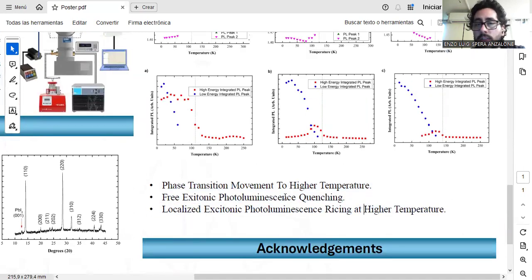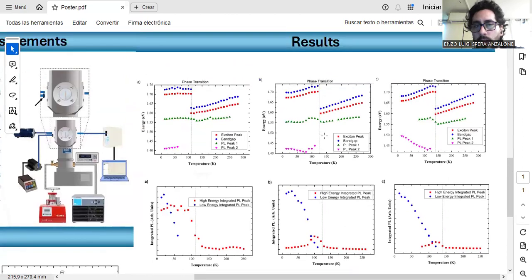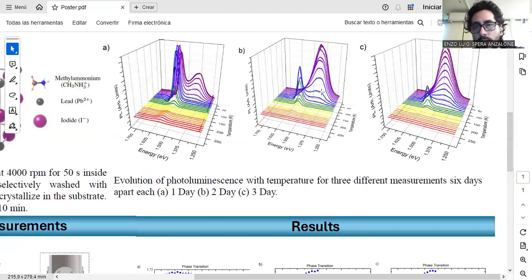The initial degradation process due to the intense blue light generates vacancies in the material that change the position and temperature of the phase transition and also quench the free excitonic recombination that gives place to photoluminescence, and start a second mechanism that is localized excitonic recombination that leads to a photoluminescence with a lower energy that is shown up here, here, and here.